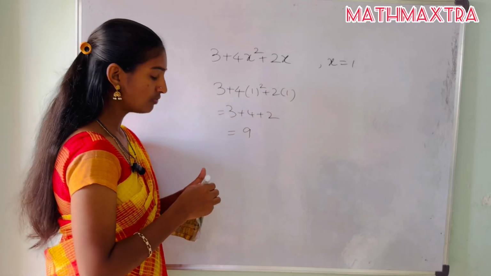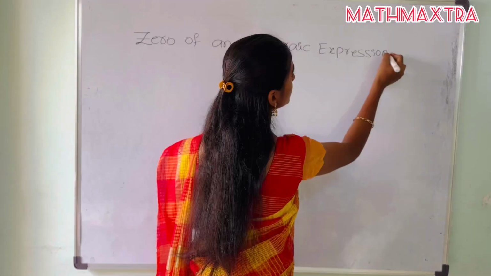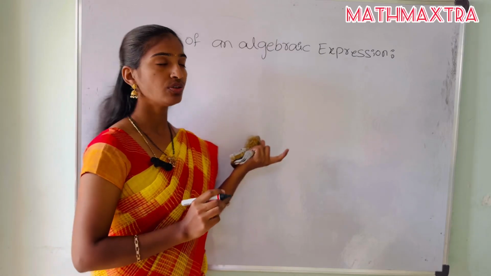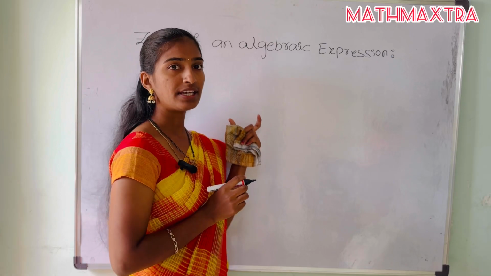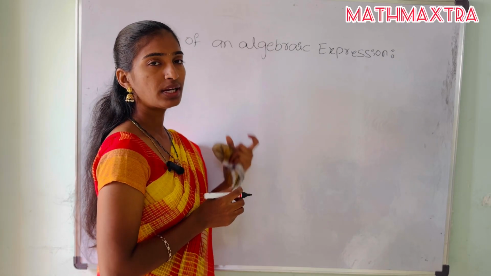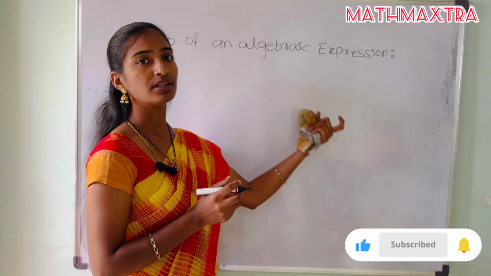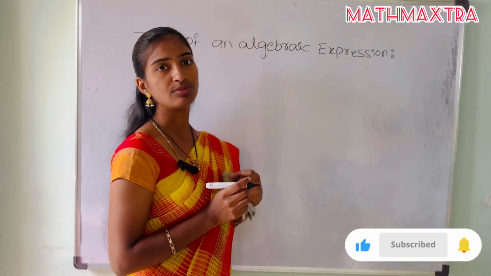Now we will define what a zero of an algebraic expression is. If you substitute a value in the given expression and the total expression value becomes 0, then we call that given value a zero of the algebraic expression.